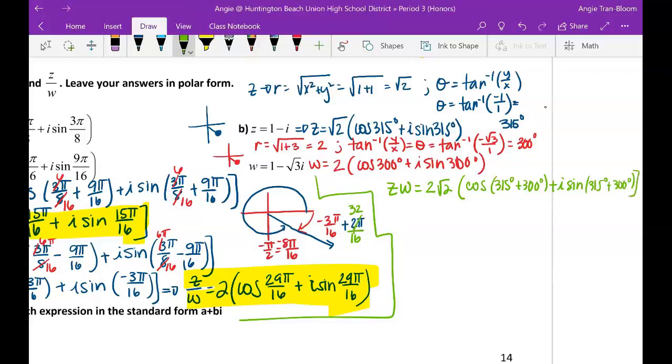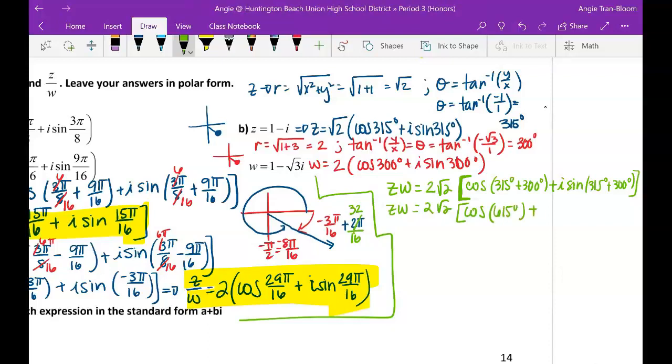Because this problem did not start out in radians, you can just put it in degrees. But if it starts out in radians, then you keep it as radians. So the final answer is 2 rad 2 times cosine of 315 plus 300, which is now 615 degrees.